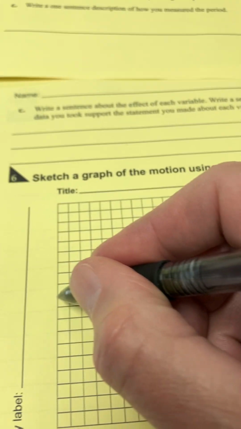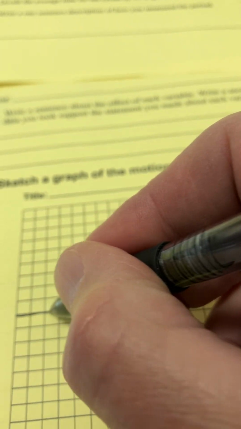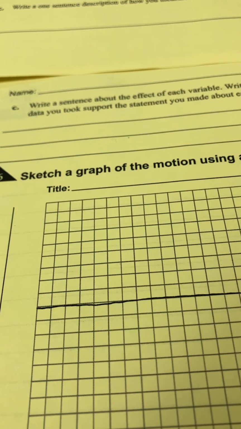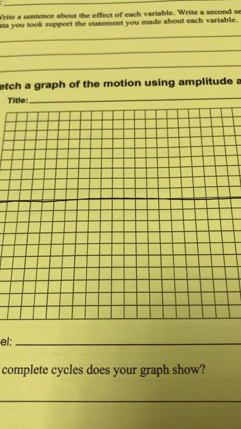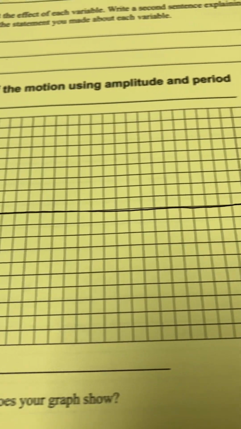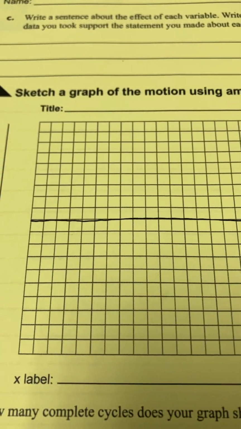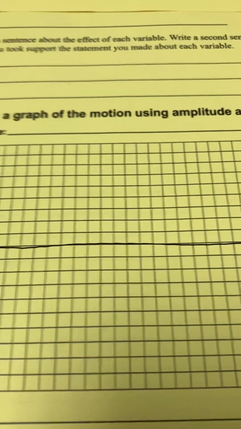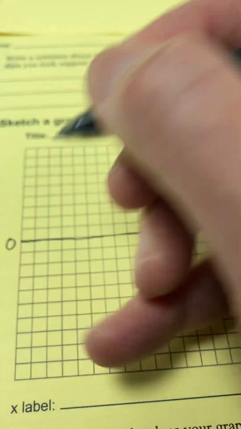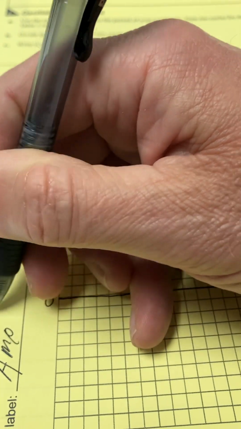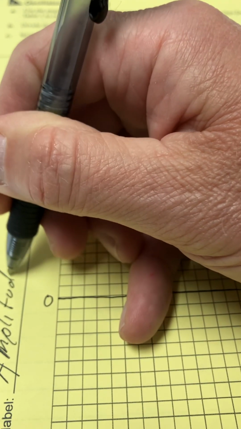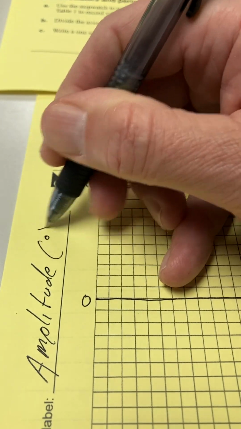But if I start right about there and draw a line across, I'm going to be okay. Oof. I said my computer does a bad job. Doing this with my phone in my hand and one-handed, not a great line, but we'll live with it. So that's 0. And remember, this is amplitude, and it's measured in degrees.